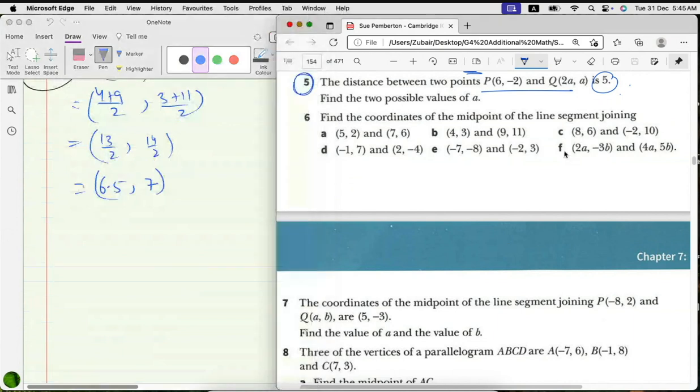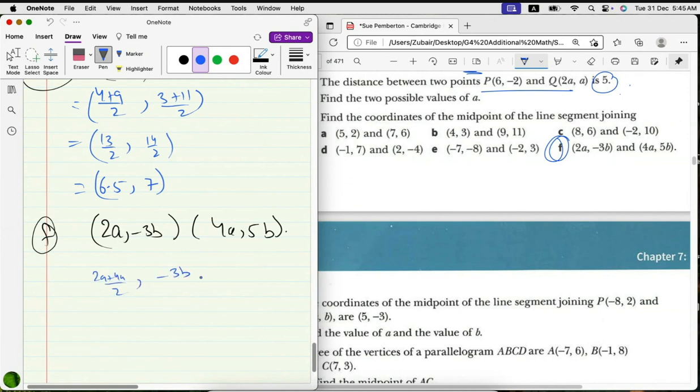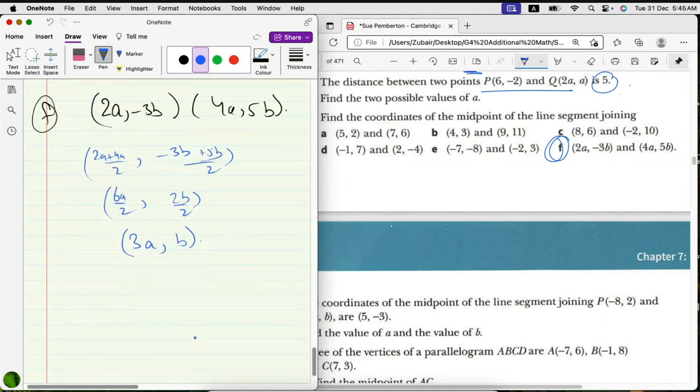Try the last one, part: 2a comma minus 3b, 4a comma 5b. 3A and B. Right.